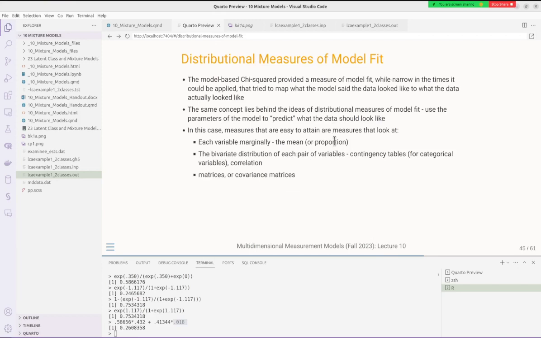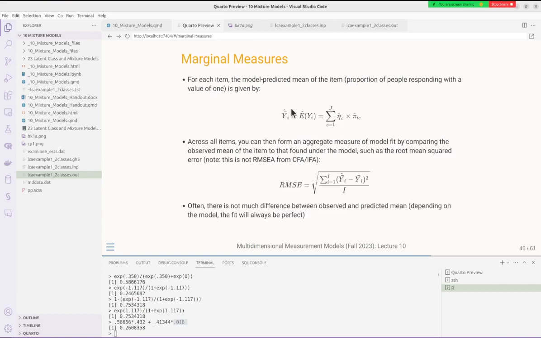Remember, in limited information, like M2 looks at fit to marginal contingency tables and bivariate contingency tables. Remember that? Turns out Tech 10 in Mplus does the same thing. For marginal contingency tables, we have to come up with what the expected proportion in each cell would be. I just did that based on the model.